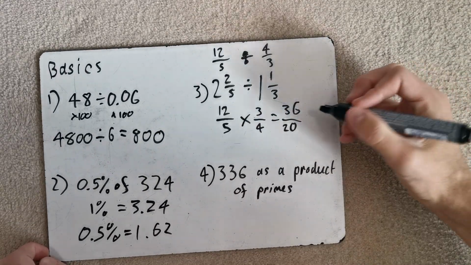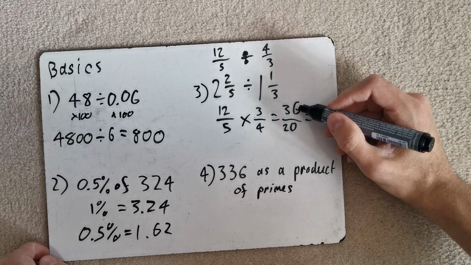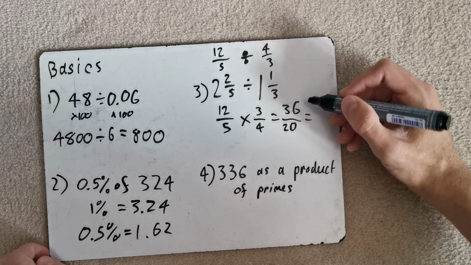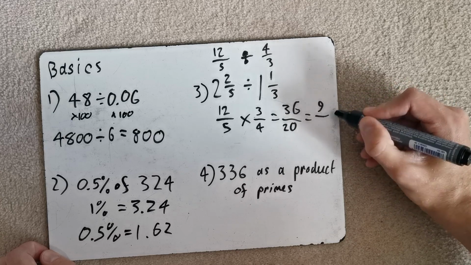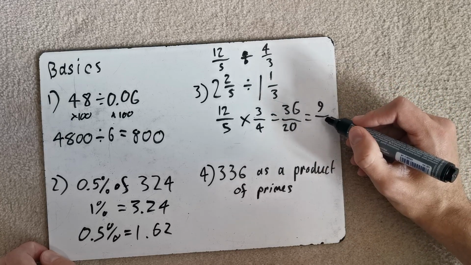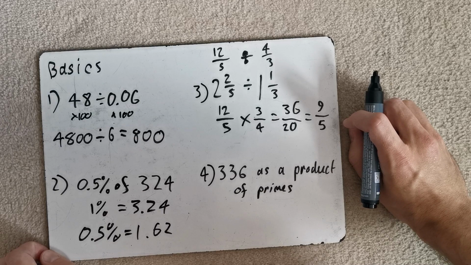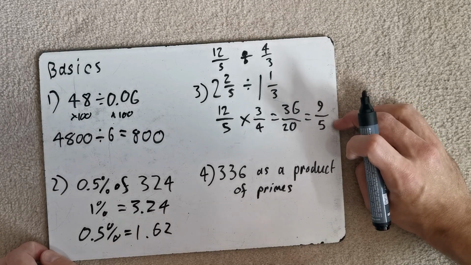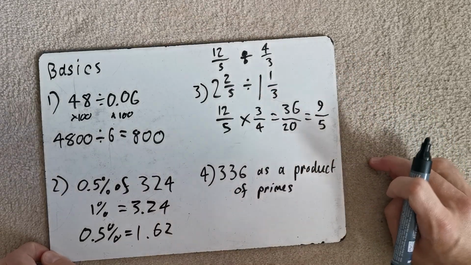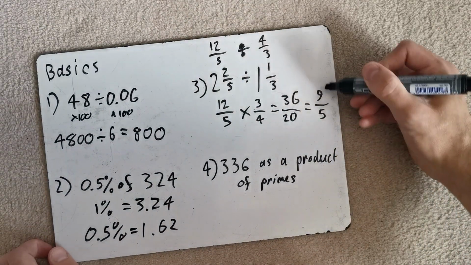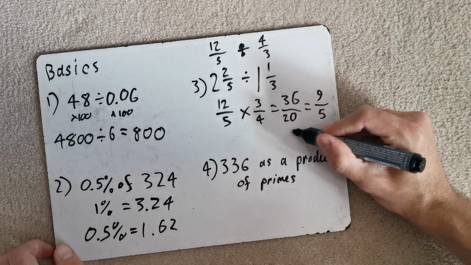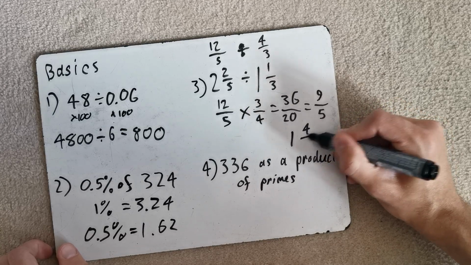If we were to simplify this, we could divide them, both in the 4 times table, by 4, and we're going to get 9 over 5. That doesn't simplify anymore. If the question asks for it as a mixed fraction, mixed number, whatever you want to call it, how many 5s go into 9? 1 with a remainder of 4.